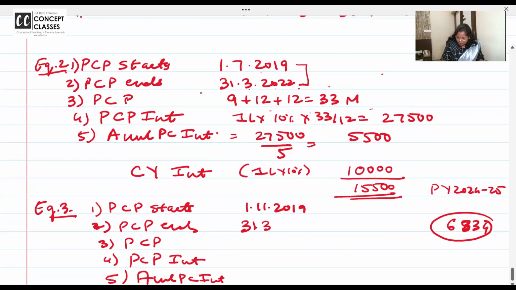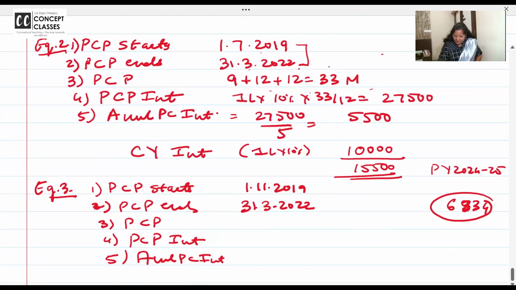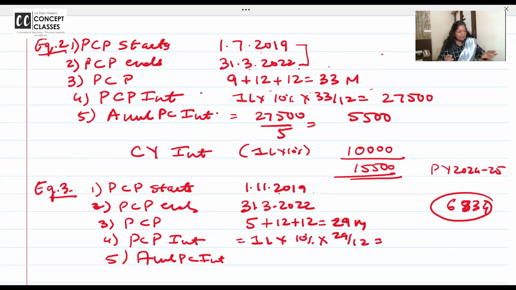If loan is only repaid on 22, how can you take the interest for 22-23? अरे repaid you loan, अभी किसका interest? कहाँ का interest? So 22-23 you will not take. So what is your pre-construction period? 5 months till March 20, 21, 22, 29 months. Correct? So it's 1 lakh into 10% into 29/12.